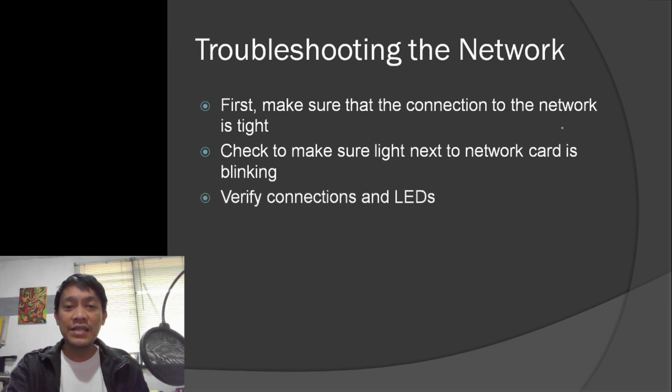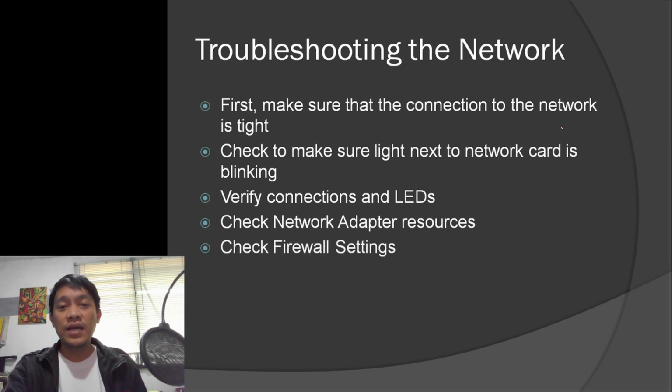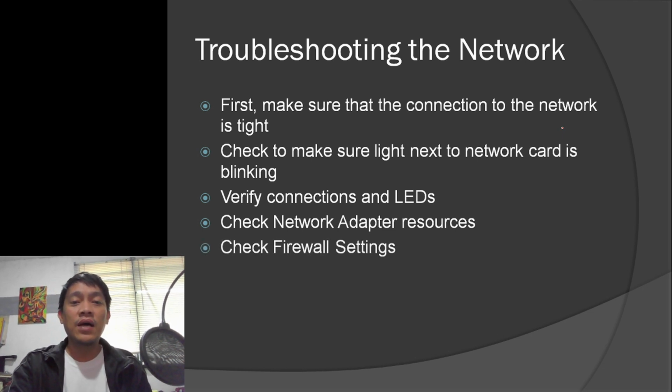Verify connections and LEDs. Okay. Check network adapter resources. Baka on the network adapter makikita nyo kung ilang bytes yung nako-consume ng particular network adapter or resource. Check firewall settings to check kung ano ba yung mga naka-block on the firewall, or you can turn off the firewall first.